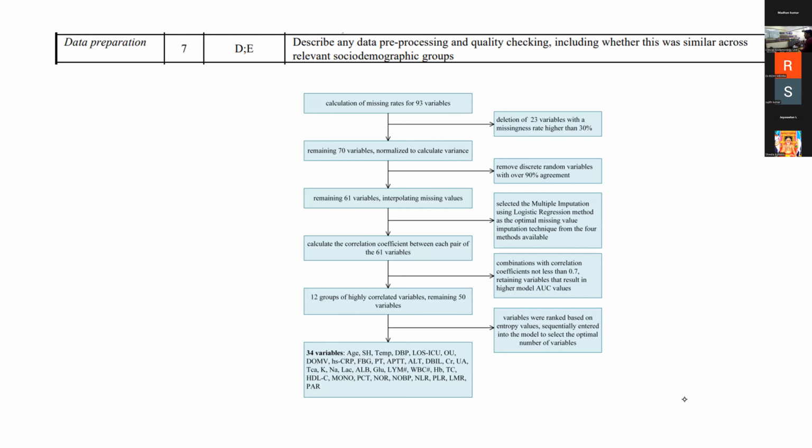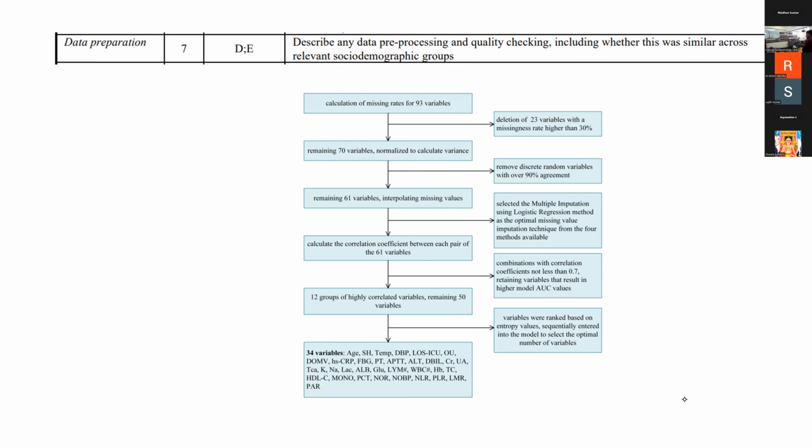Now, the seventh question is data preparation: describe any data pre-processing and quality checking. So they had mentioned an algorithm where they had initially taken around 93 variables for developing the prediction model. Then they performed multiple steps. Initially they deleted 23 variables with a high missing rate, more than 30%.